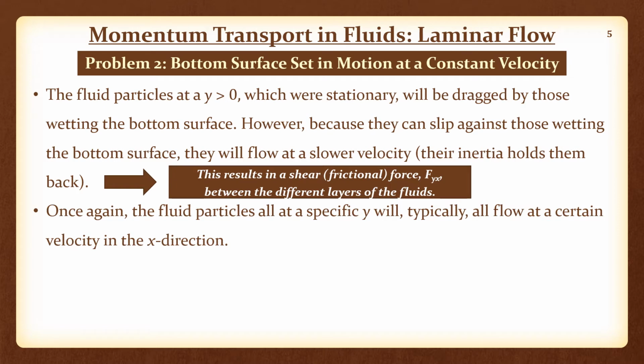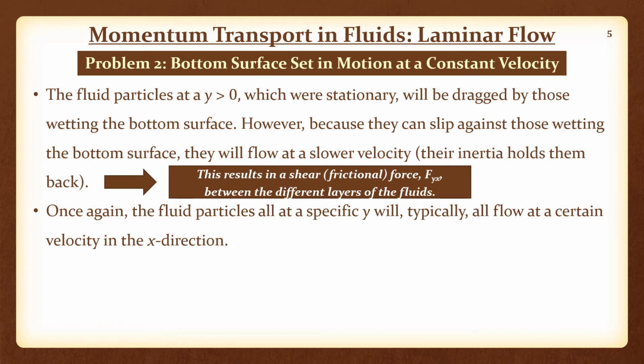Once again, the fluid particles at a specific y will typically all flow at a certain velocity in the x direction. Now, the fluid particles at y equal to 0, by virtue of the no slip condition, will flow at the same velocity as that of the bottom surface.